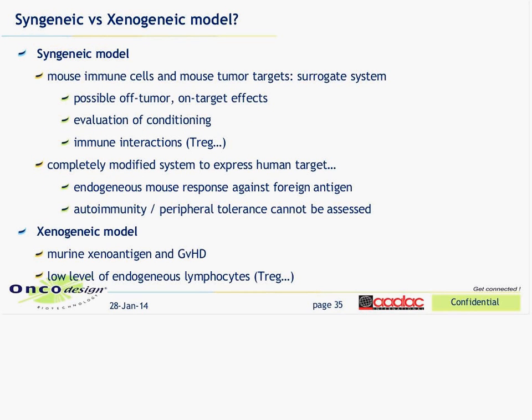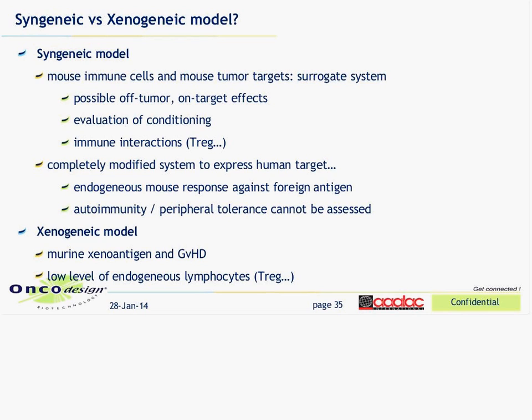So in the in vivo situation, there are various assays, various models that could be used. So completely syngeneic models. However, in this case, there is a need for a surrogate system. So it's mouse tumor targets, it's mouse immune cells. However, there are mainly advantages regarding the complexity of this model.